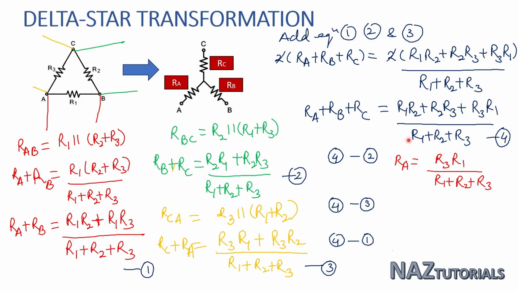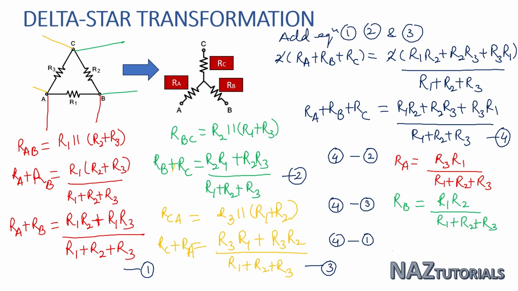So for the value of RB, this RB is R1 R2 divided by R1 plus R2 plus R3.